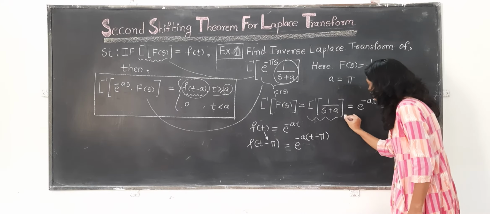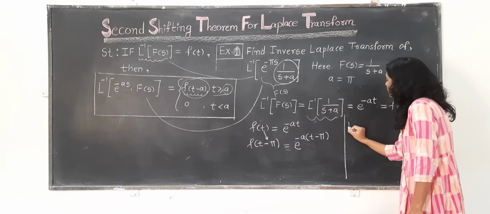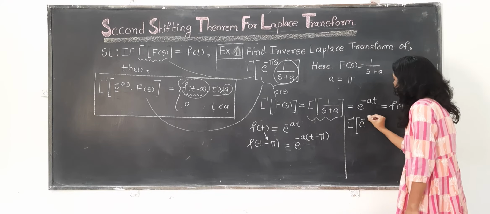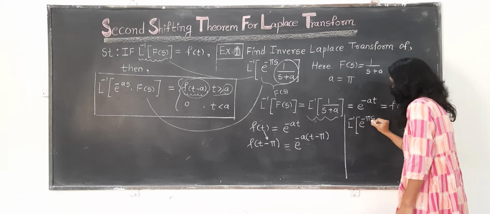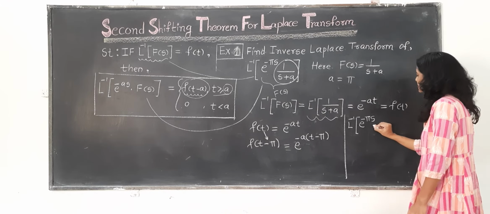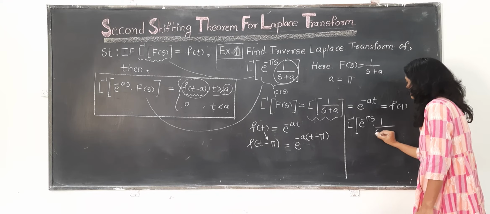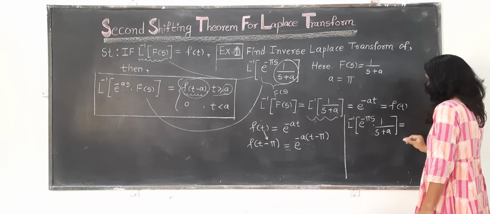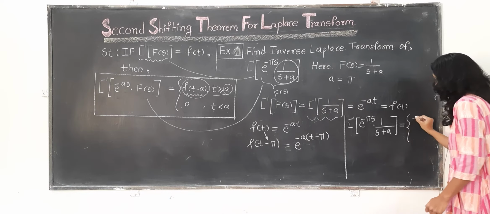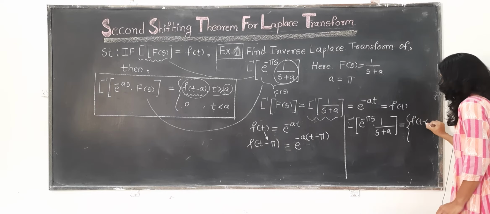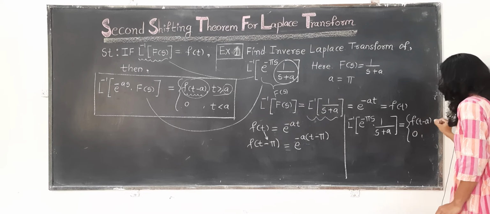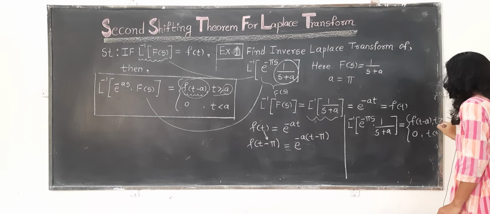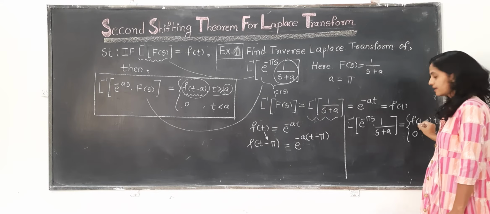So last step, we are interested in finding the value of L inverse of e raised to minus pi s into 1 upon s plus a. So using the second shifting theorem, what is this value? F of t minus a, equal to 0 when t less than a. Just substitute the value of f of t minus a.